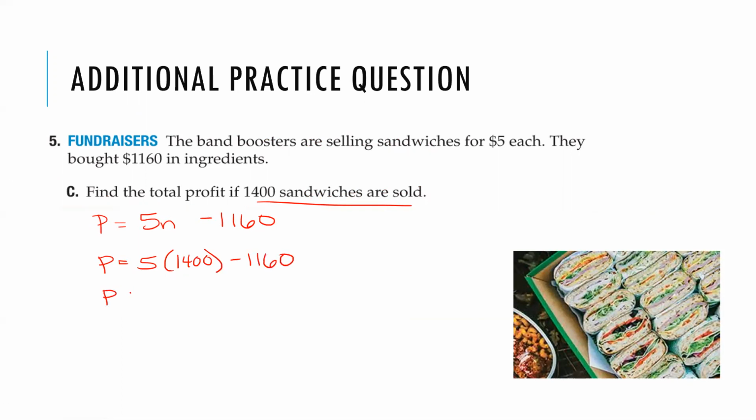When we multiply 5 times 1,400, we get 7,000. So that's not the profit. You have to subtract your expenses, and they spent $1,160 on ingredients. So when you calculate the difference there, it ends up being $5,840.